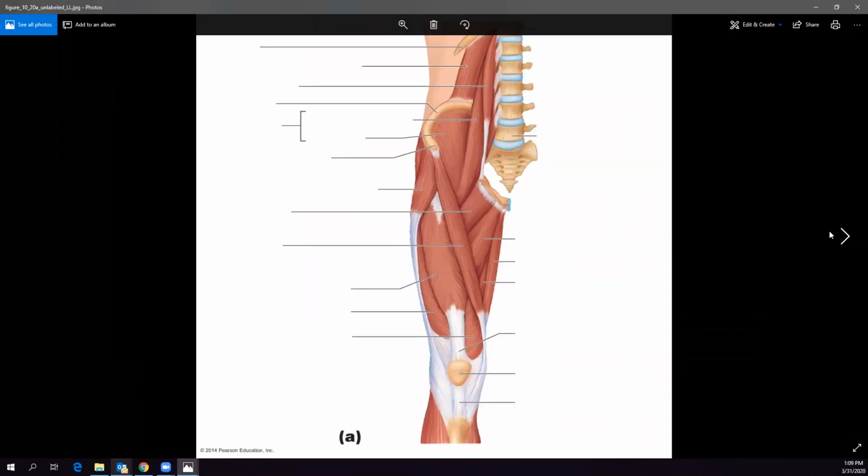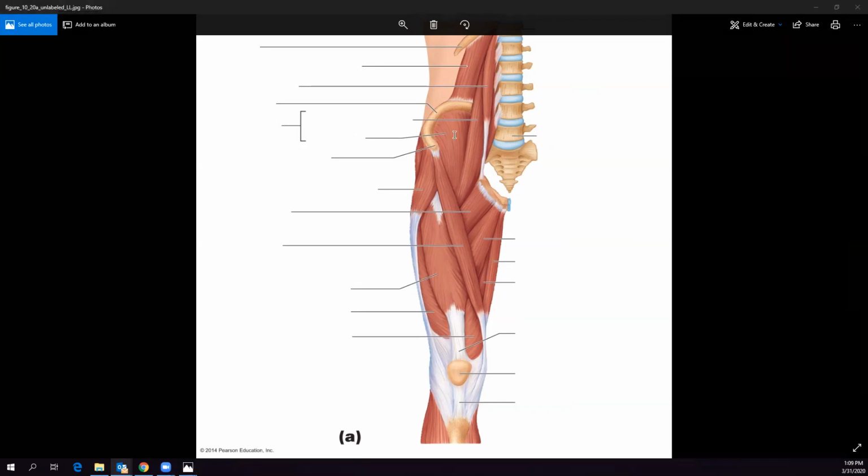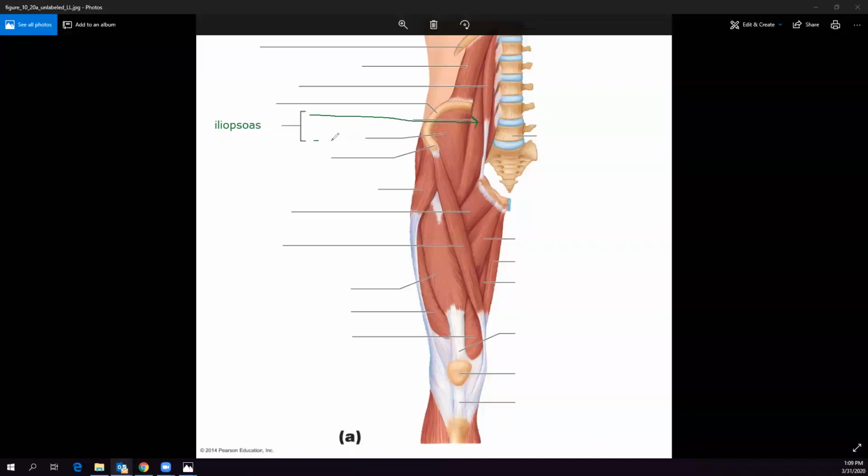Okay, so the first one is the iliopsoas. And again, it's a group of muscle. Well, it's 2 muscles together. And so here is the iliopsoas. You don't pronounce the P. Okay, so the iliopsoas then is going to be made of this one right here, which is called the psoas major, and then this one right here, which is called the iliacus.